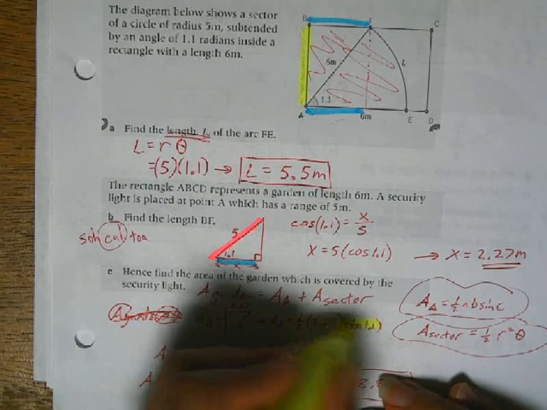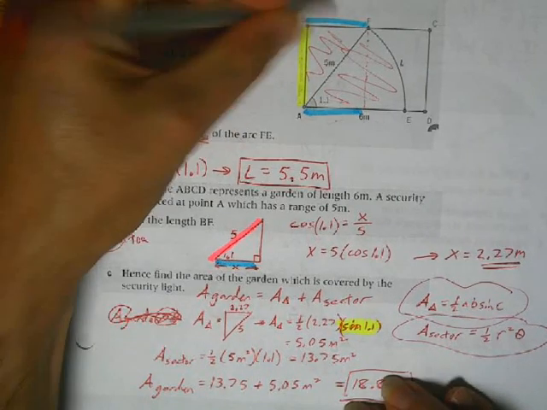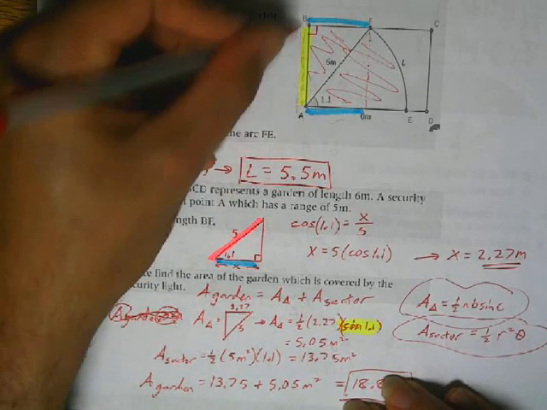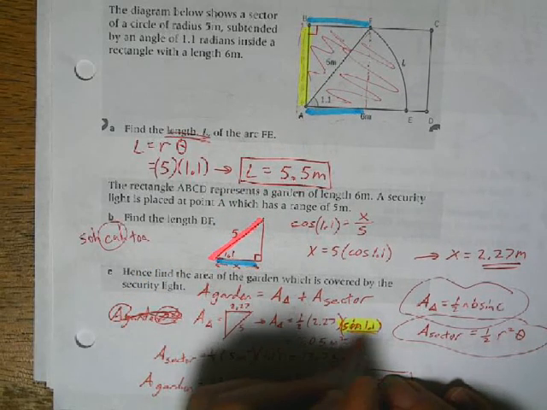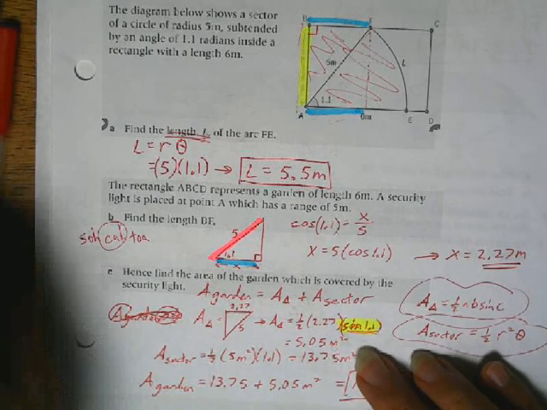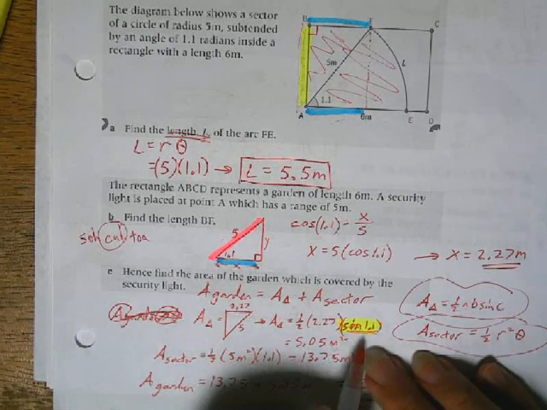Now in class somebody said you can use the Pythagorean theorem. Of course you can. If I know the hypotenuse and this leg, we can figure out this using the Pythagorean theorem. But I just use sine because we've got the opposite and the hypotenuse. We could use sine. Okay.